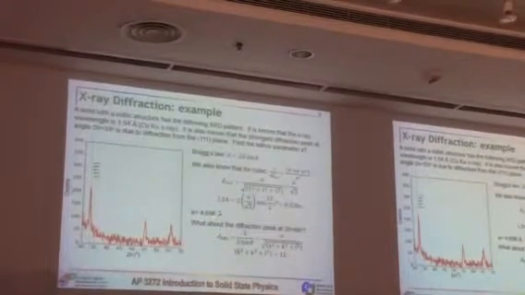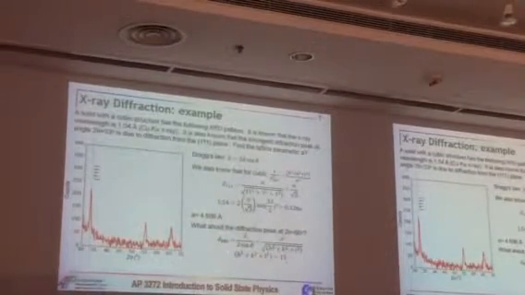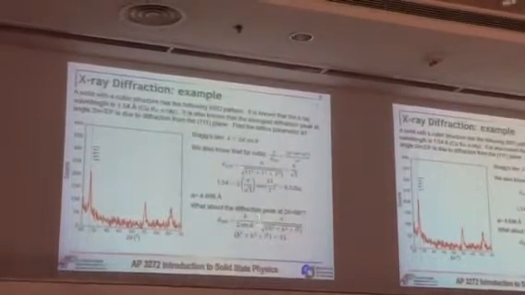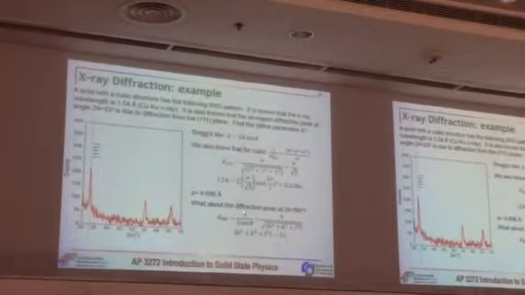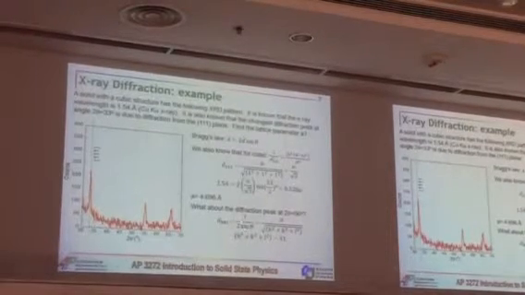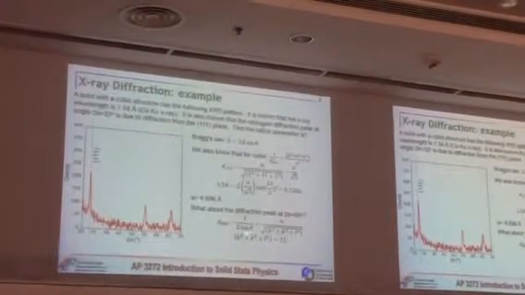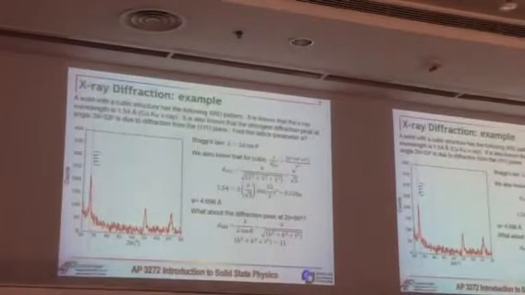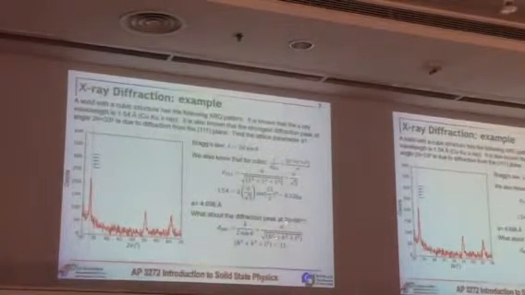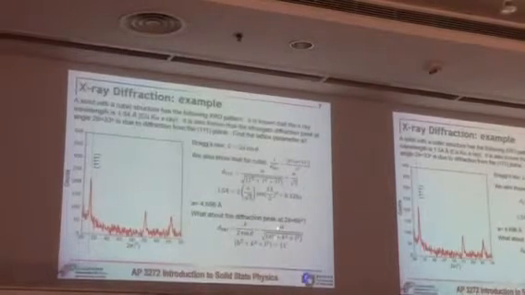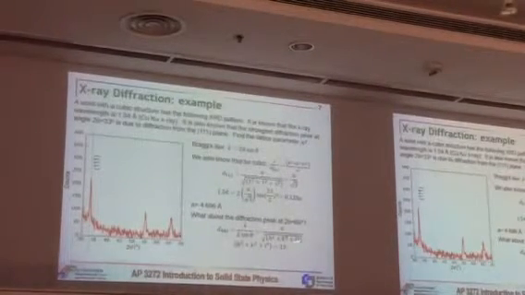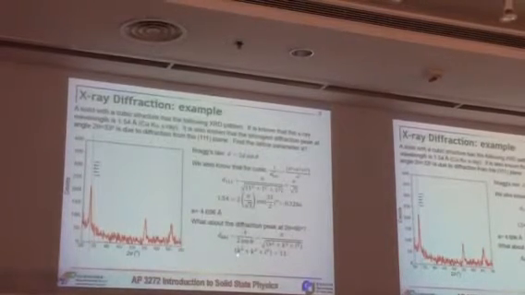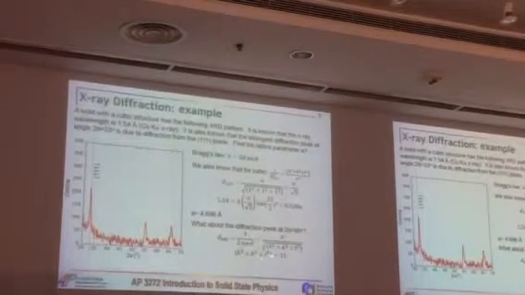Now that you know the lattice parameter, you can apply the same equation again. The d of this is just lambda over 2 sine theta, and we know theta is 66 divided by 2, or 33 degrees. We know what A is, so what we don't know is h squared plus k squared plus l squared.